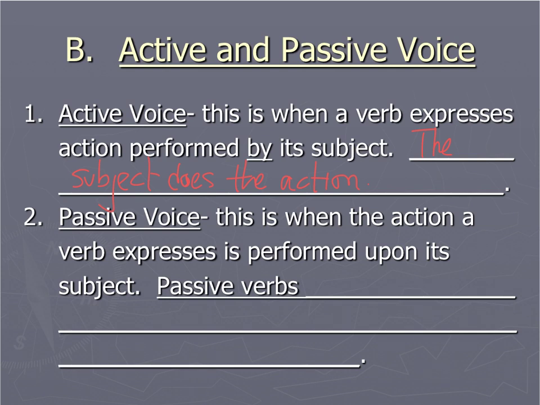All right. But in passive voice, it's when the action a verb expresses is performed on its subject. And the way you could spot passive voice, passive verbs are formed by putting a form of be with the past participle.